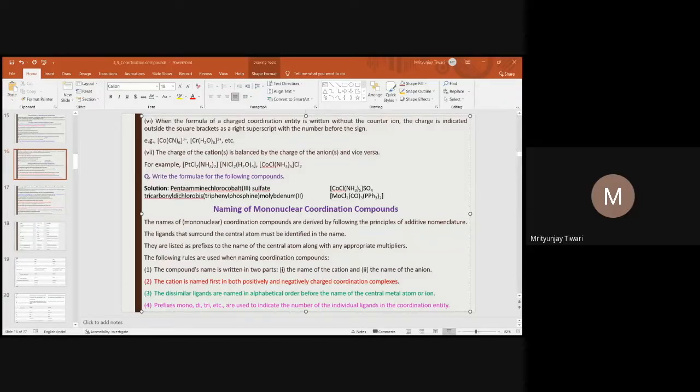And if both the cations and anions are coordination compounds, or kind of coordination ions, then the cationic coordination entity's name is written first, and then the anionic coordination entity's name will be written. So the cation is named first in both positively and negatively charged coordination complexes.